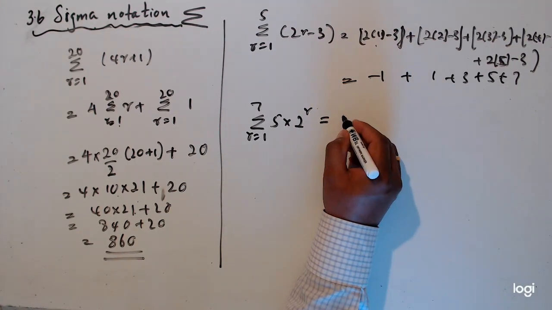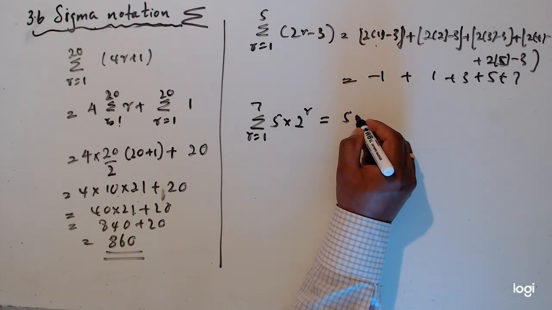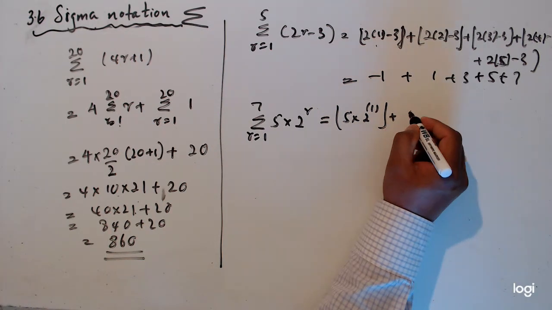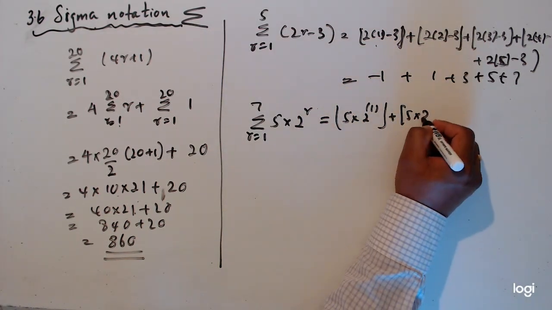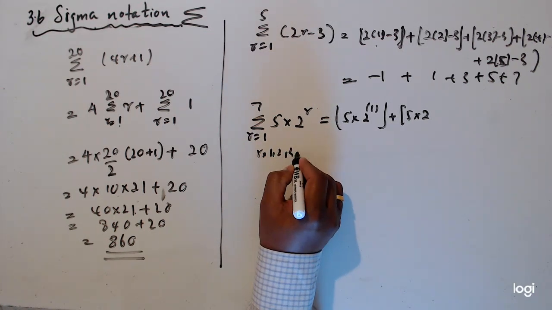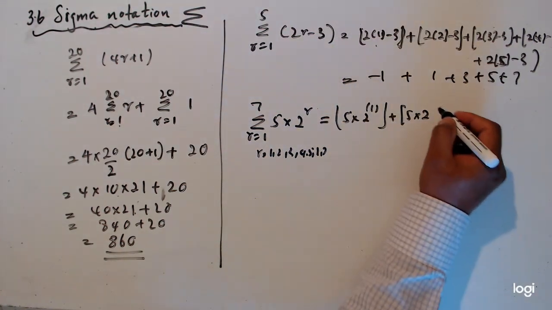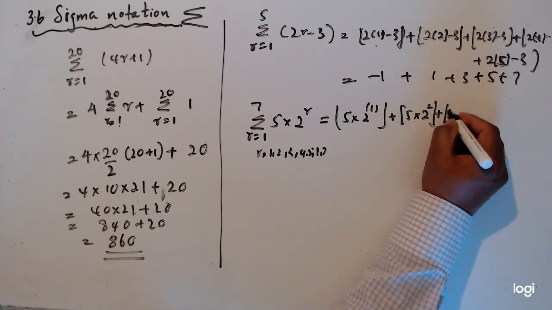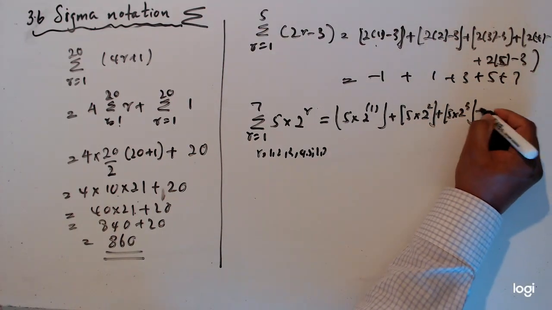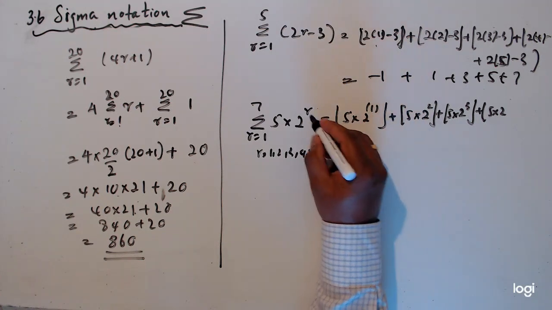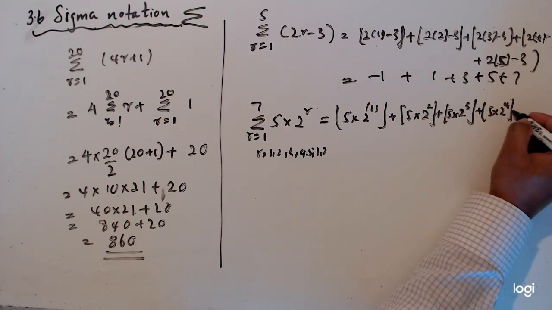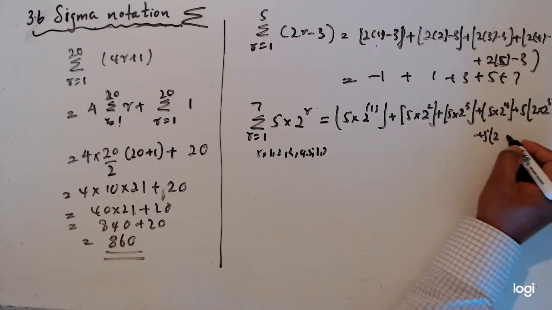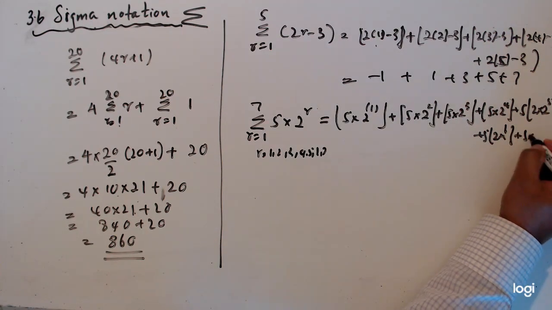Now this one is 5 times 2 to the power 1, plus 5 times 2 to the power 2, then 5 times 2 to the power 3, 5 times 2 to the power 4, 5 times 2 to the power 5, 5 times 2 to the power 6, and 5 times 2 to the power 7.